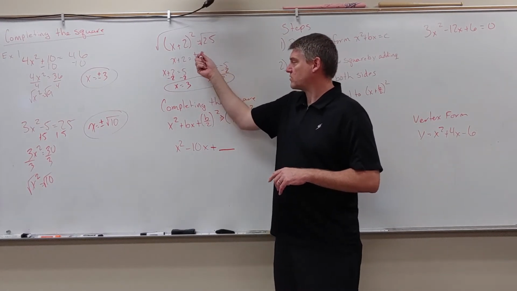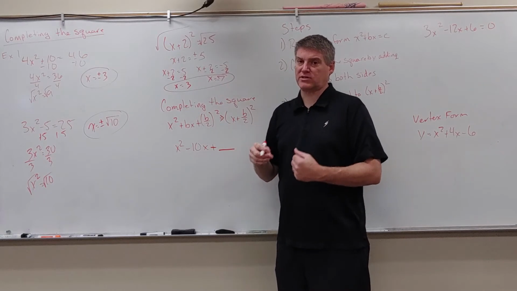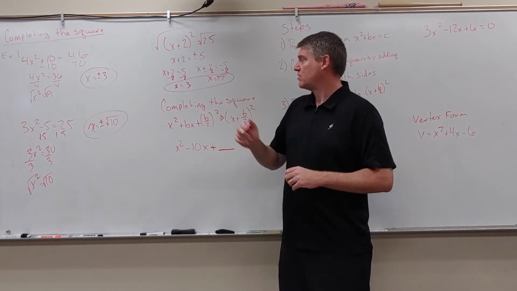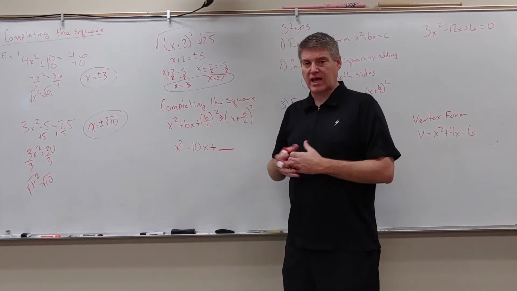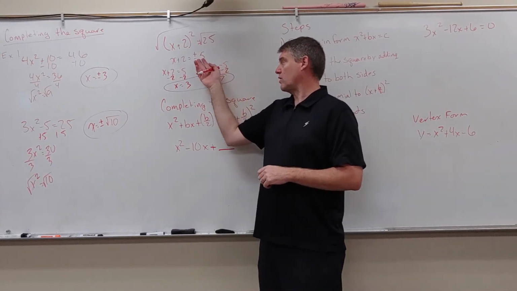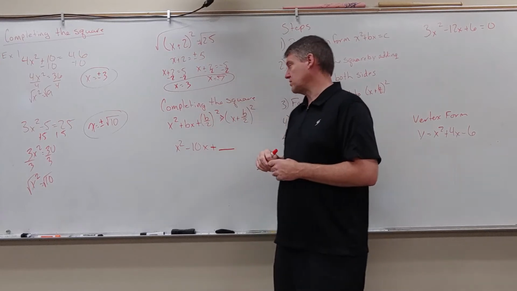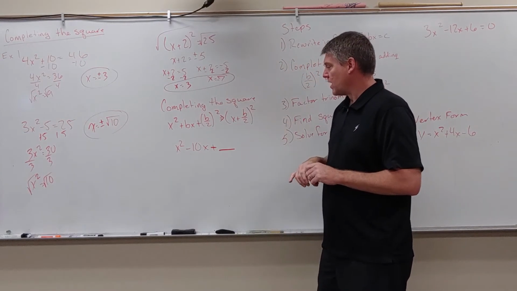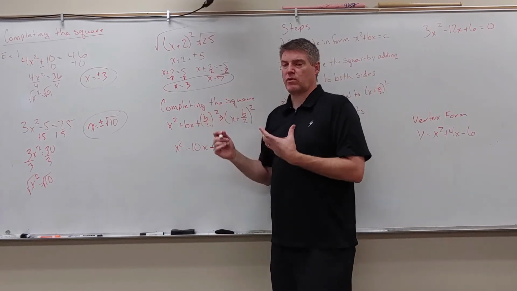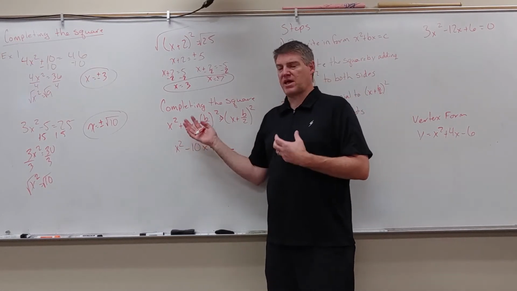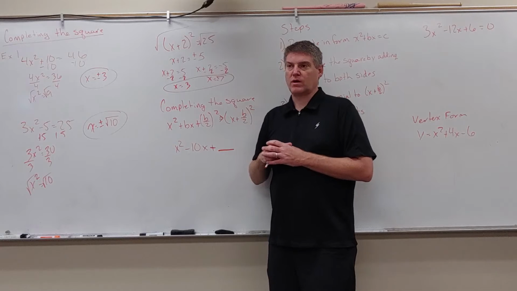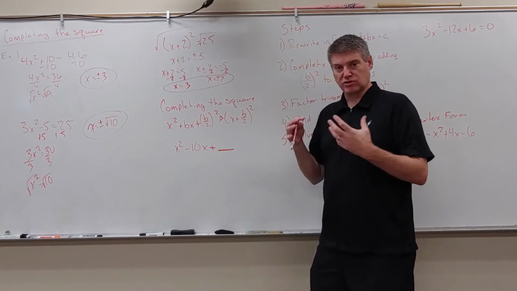Remember that when you take the square root, you have to put it into plus or minus right then. You can't subtract off 2 and say, oh, it's plus or minus 3. That's not how it's done. The square root has to have that plus or minus to it. Okay? So the idea of completing the square is that we want this to get into a perfect trinomial, so to speak.